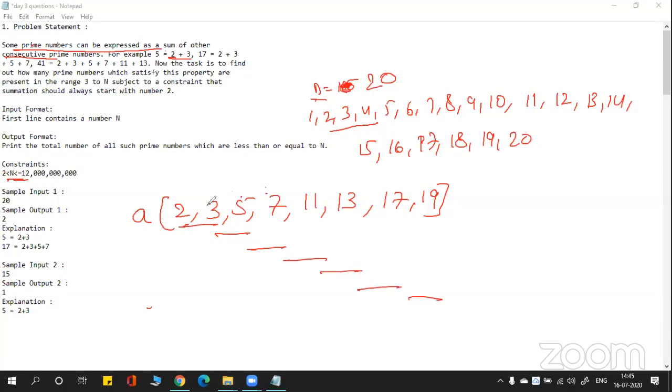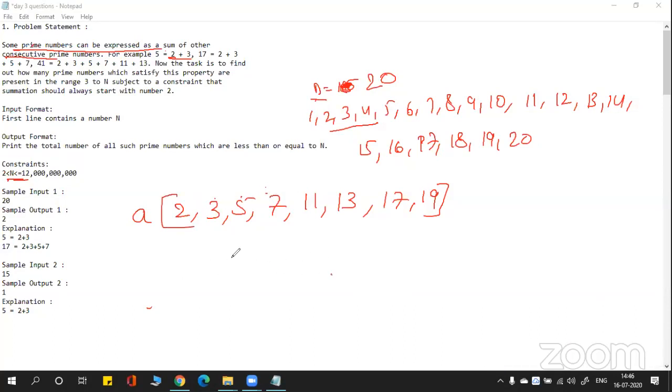If they told only two numbers, I would have done this. They did not tell that we should take only two or only three numbers. But they gave one condition: it should be only adjacent numbers. Because of these adjacent numbers, the question becomes very easy. Can anyone tell me what logic I can apply here?